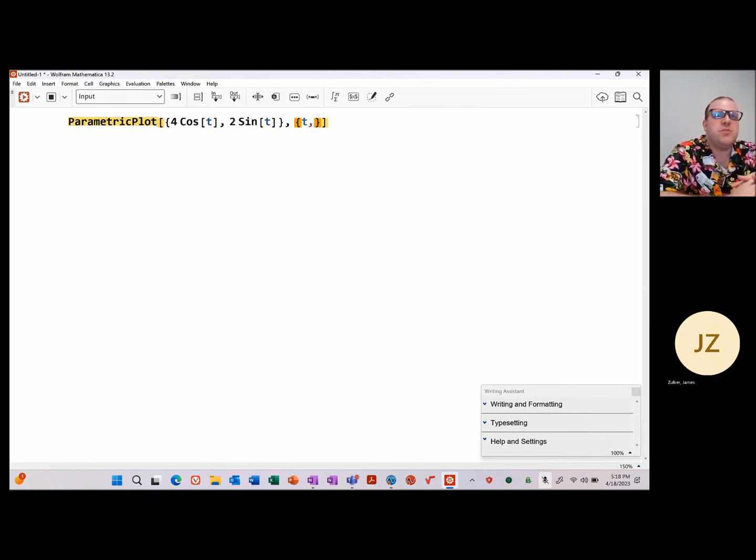All right. Then I need to put in the parameter domain. I'm doing lines, I'm doing arrows as well, so I can't do a function. We wanted first 0 to 2 pi. And that is all you need. That's the minimum.